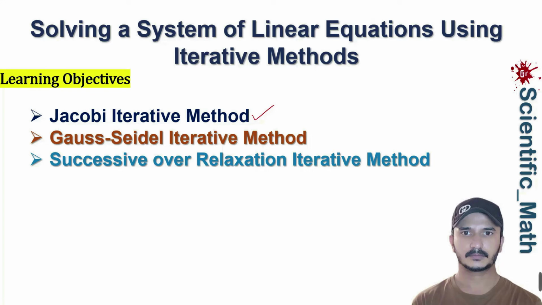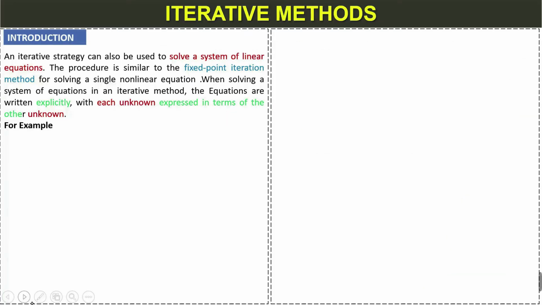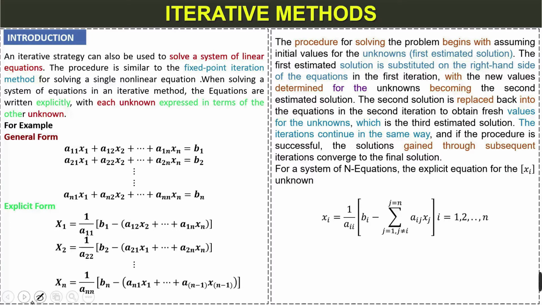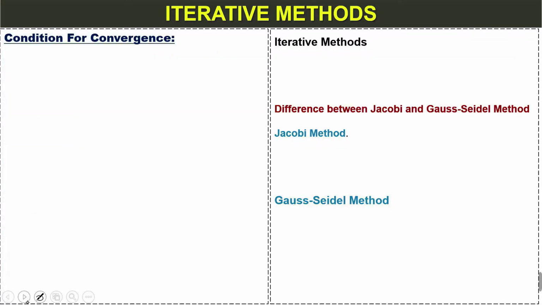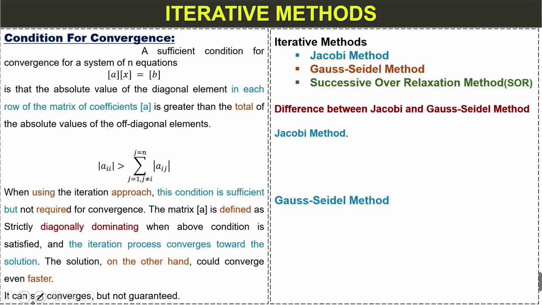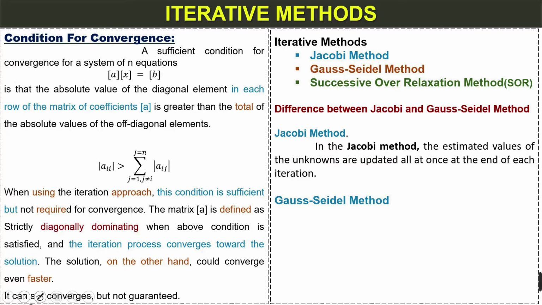We already discussed the introduction to iterative methods and the condition for convergence in the last lesson. In this lecture, we will only solve an example using the Jacobi iterative method. In the last lecture we also discussed the difference between the Jacobi and the Gauss-Seidel method.